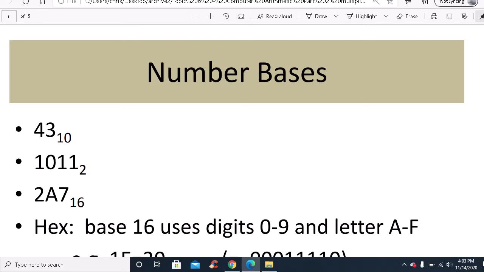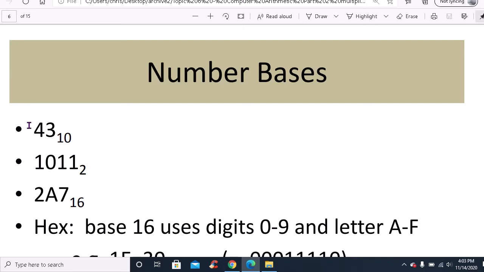Right. So number bases, and the convention of representing a particular number with a particular base is to write the base as a subscript. So 43 decimal is written technically as 43 to the base 10. This binary number has a base 2. This hexadecimal number has a base of 16.